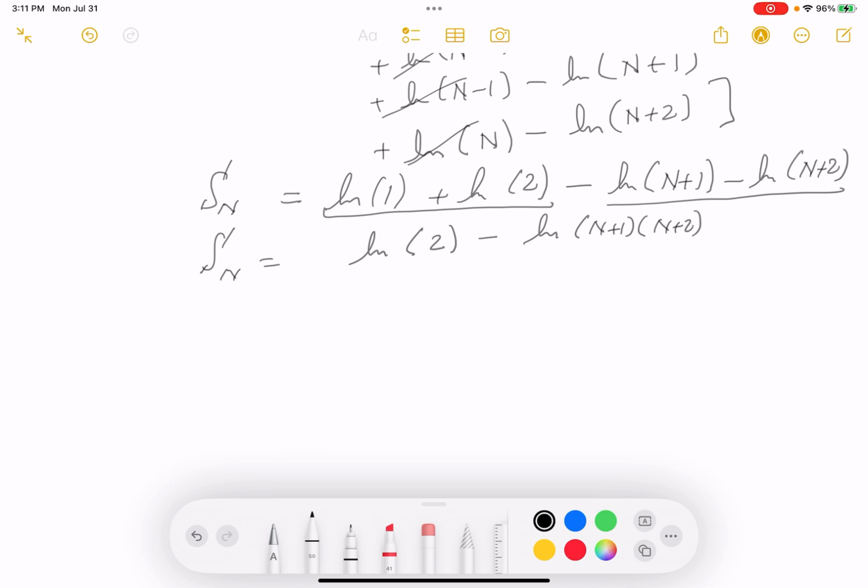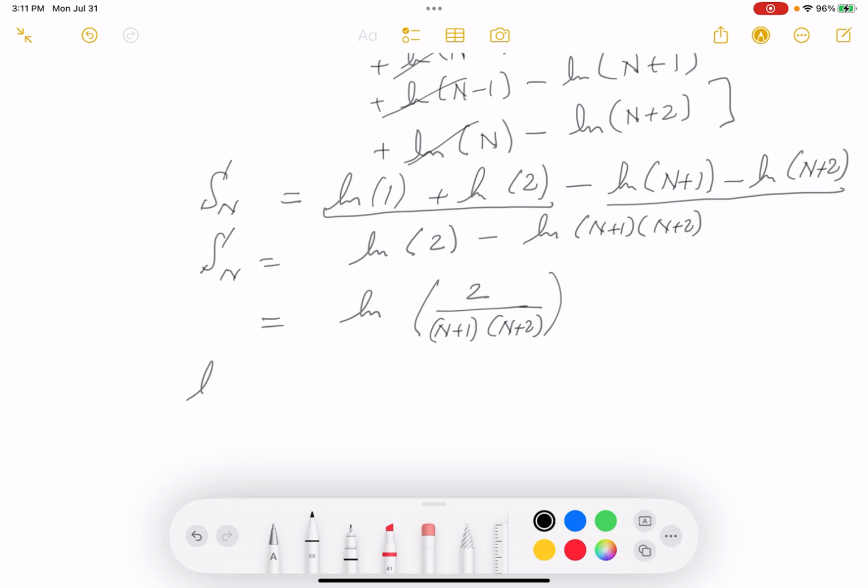You may wonder what I did there. I factored out a minus 1, and I saw a product there. Okay? What do you get now? Natural log of 2 over, let's see what you get there. n plus 1 times n plus 2.